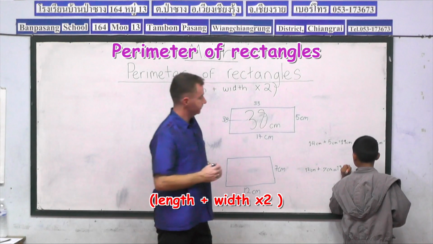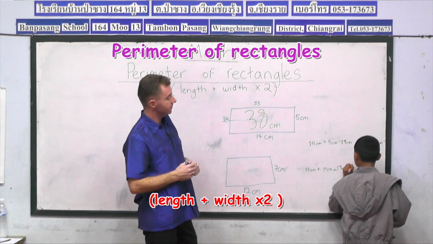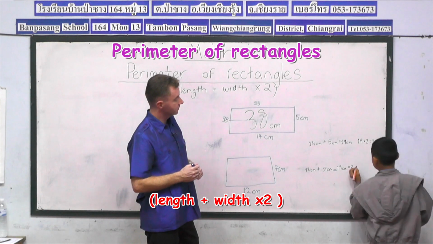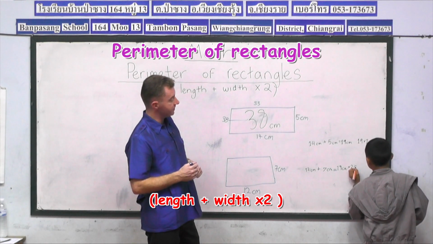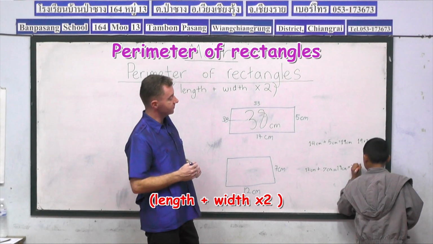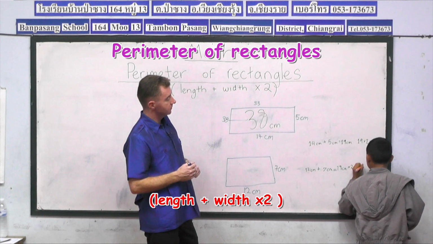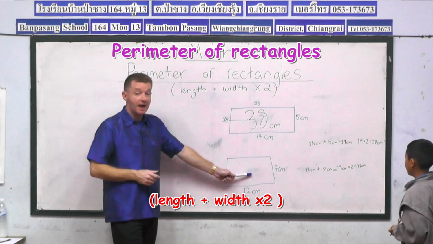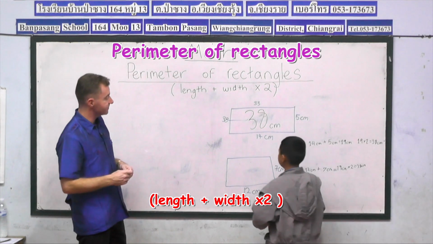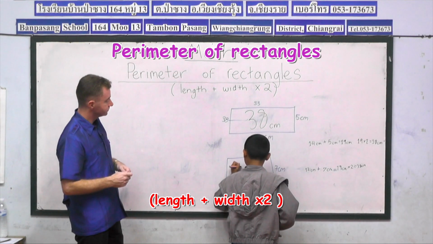Same as this one. 19 times 2 equals 38 centimetres. Perfect. Well done, Chu. And then you can write your answer inside the rectangle again. So 38 centimetres.